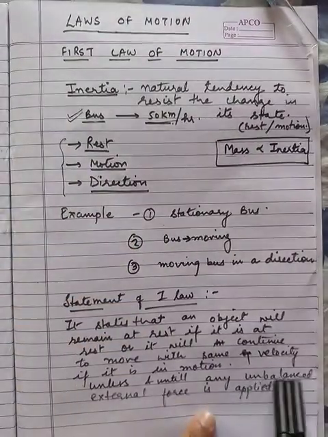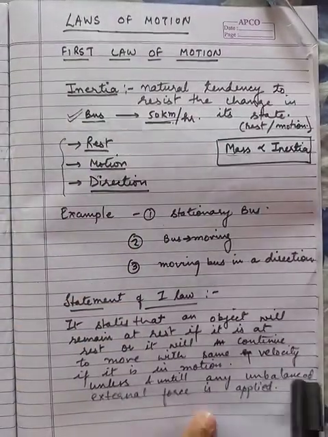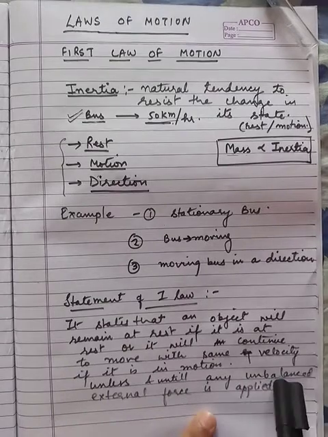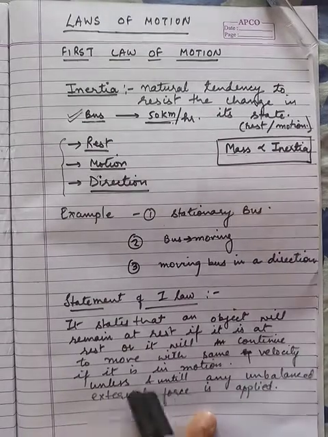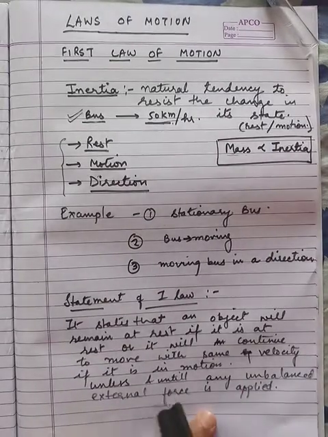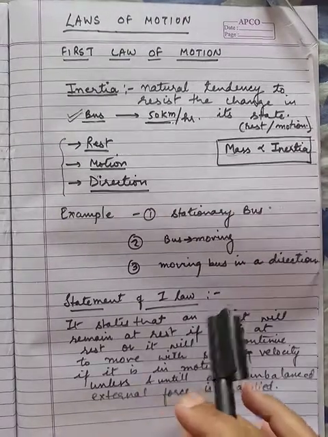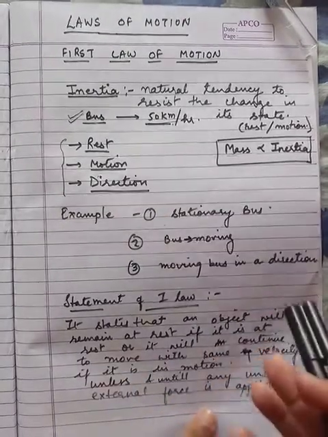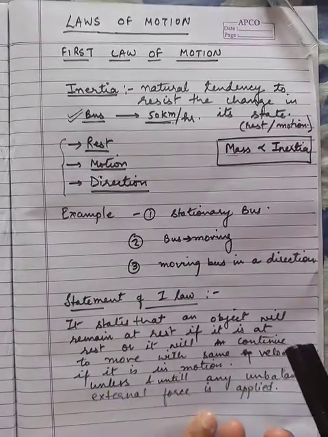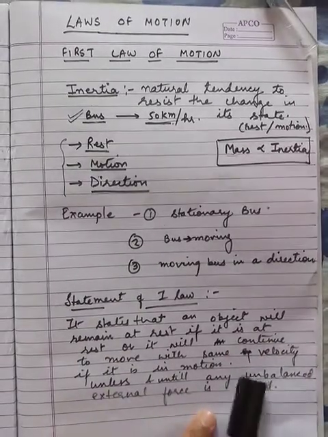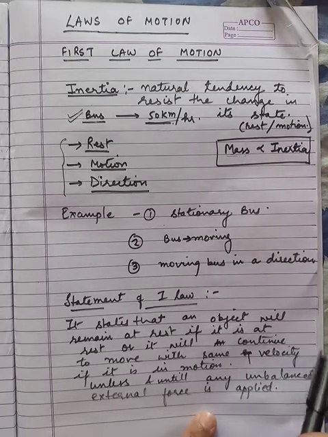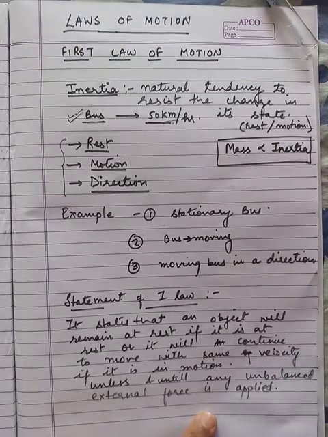So what is this unbalanced external force? An unbalanced external force is the force applied from the external part, that means from the outer surface or outer environment of that object, not from inside of that object. And unbalanced force means that it will change its state.